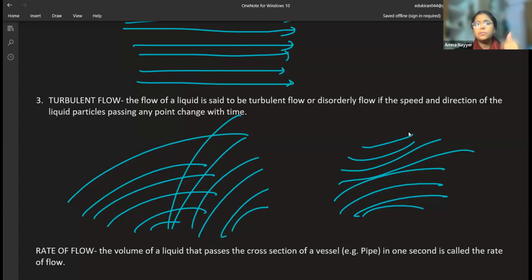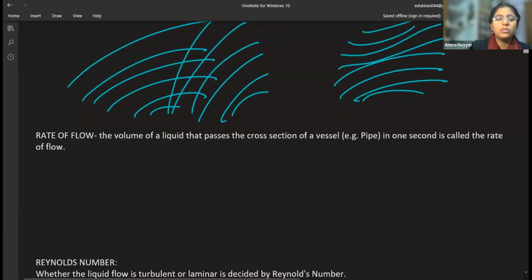Direction is changing, speed is changing, the orientation of the molecules is changing. The flow of liquid is said to be turbulent, or disorderly, if the speed and direction of the liquid particles passing any point change with time. See, this particle is not following it. All this is changing with respect to time.